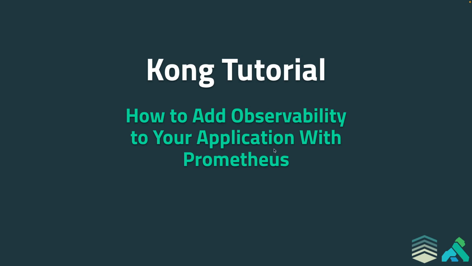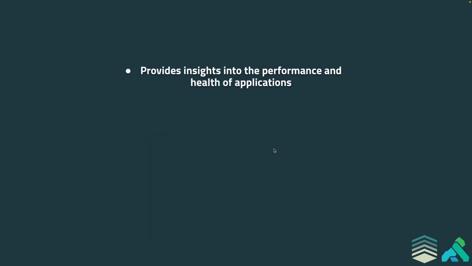So effectively, what is observability? Observability gives you the insight into how well your application is doing, with regards to the performance and the health of the application, and allows you for proactive management and resolution of problems. It also gives you the ability to monitor and troubleshoot your systems.